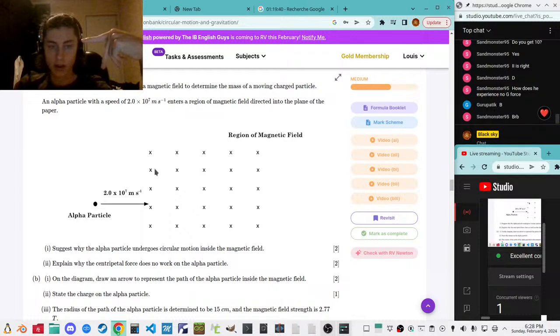So this is moving. The field is into the page. It's moving this way. This is going to explain why the alpha particle undergoes circular motion. It's because there is a rate of change of velocity caused by a change of direction.